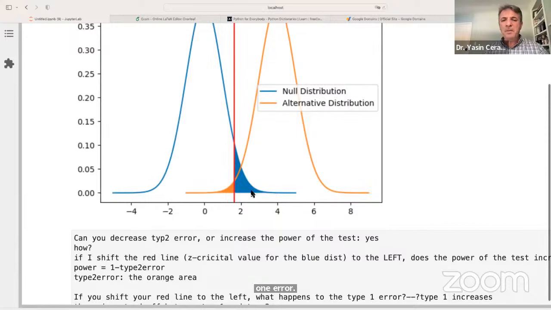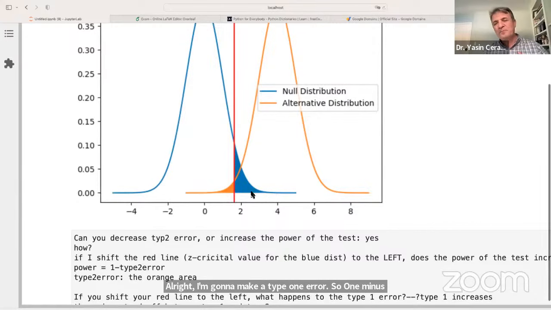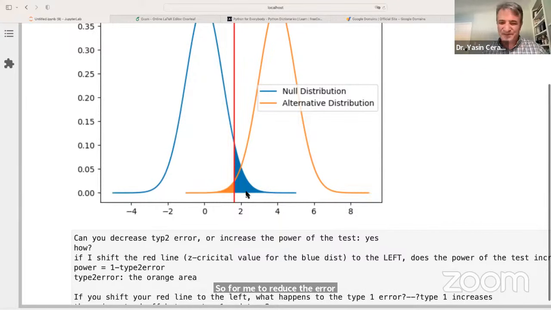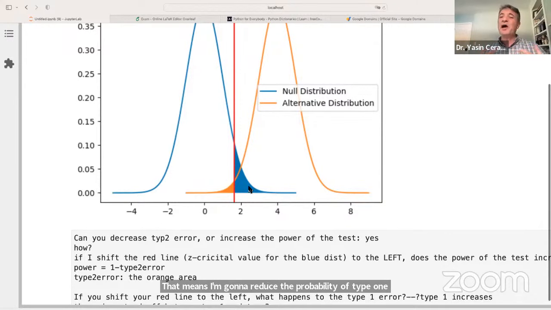So 1 minus alpha means I'm going to reduce this error. For me to reduce the error probability, I need to have more samples. It's that simple. If I reduce alpha, this blue area is going to shrink. That means I'm going to reduce the probability of type 1 error, so I want to be more confident that I'm not going to make an error.